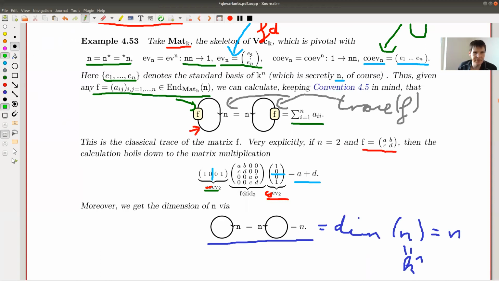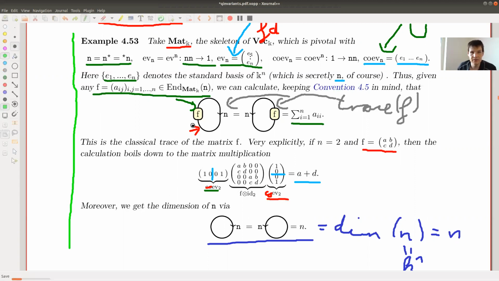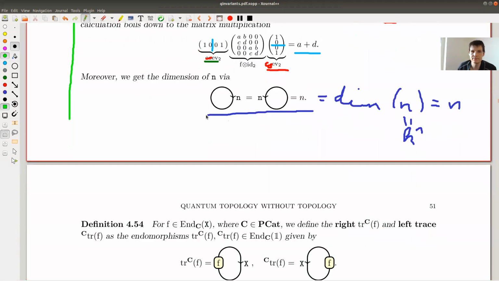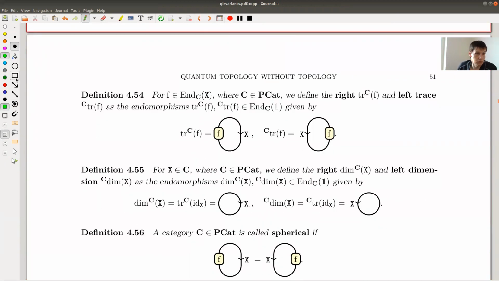So in vector spaces, dimension is a closed circle, and trace is a circle with a coupon. Okay, so why not generalize this? So in a pivotal category, well, you have to again be careful. There's a right trace and there's a left trace. So here's a right trace, so you close diagrams to the right. There's a left trace, so you close diagrams to the left.